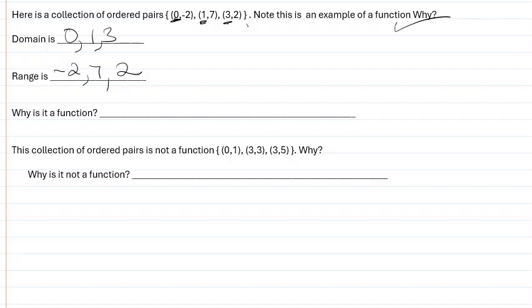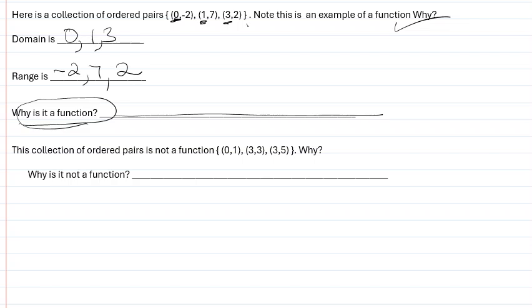For a function, your x values have to be different. So that's why it's a function. I really didn't expect you to write anything down here. But I can't have the same input giving me different output. Think about a well-functioning drink or vending machine.